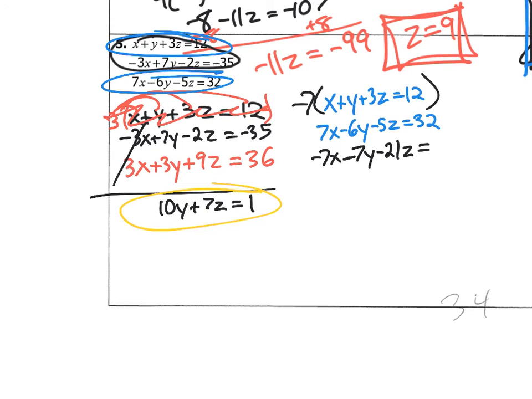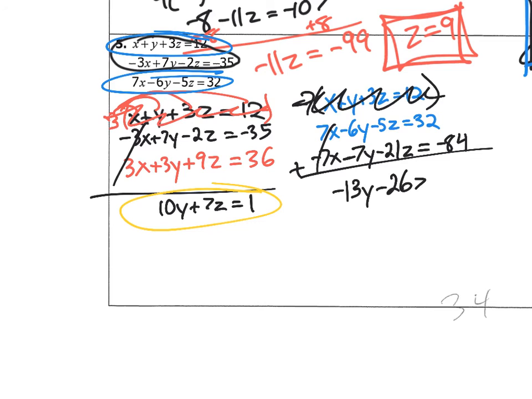And I get 84 here. So if I add these two equations, get rid of the x's, I get negative 13y minus 26z equals negative 52. And that is my second reduced equation.